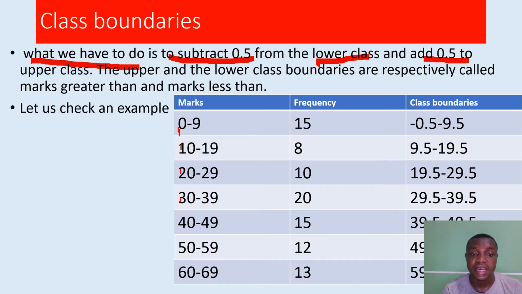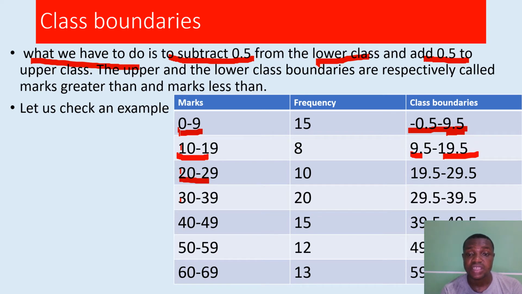So 0 to 9 gives a class boundary of minus 0.5 to 9.5. The reason is that 0 minus 0.5 is minus 0.5. Then 9 plus 0.5 is 9.5. 10 to 19 will be 9.5 to 19.5 because 10 minus 0.5 is 9.5. 19 plus 0.5 is 19.5.